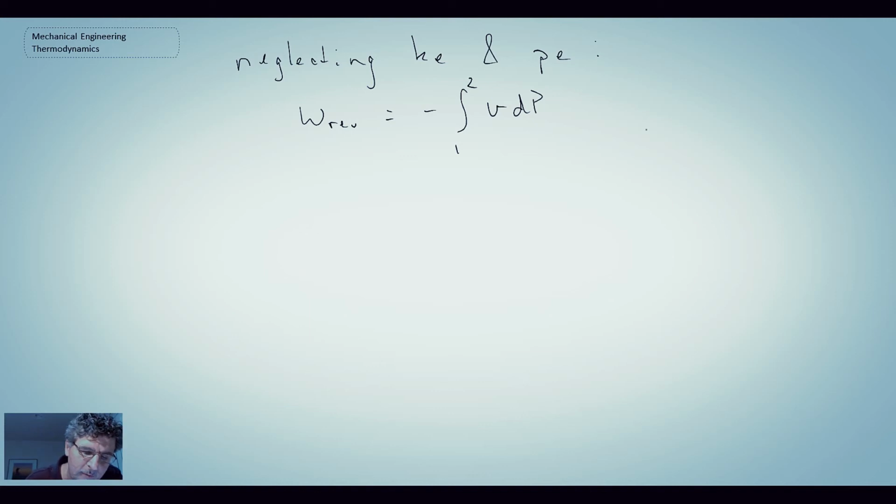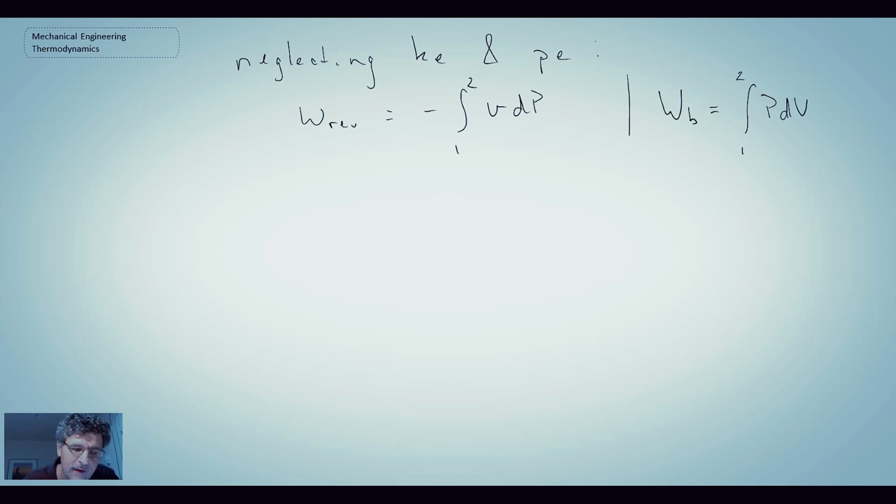This is a relationship for reversible work in a steady flow device, and notice that it is in a way similar to the one that we saw earlier for boundary work of a closed system. There are similarities between the two, however they're applied to very different systems.